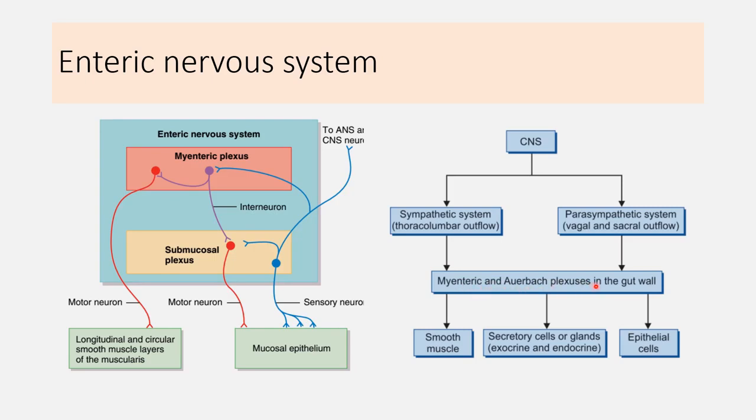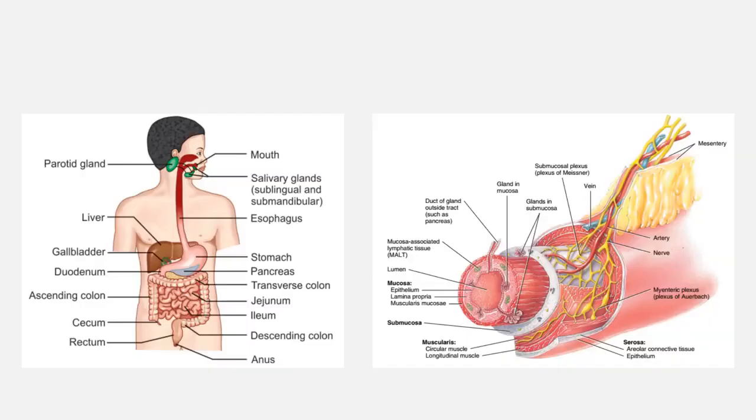Myenteric and Meissner plexuses are under control of the extrinsic innervation by the sympathetic and parasympathetic systems. So the enteric nervous system controls activity of the smooth muscles, secretory cells or glands in the GIT, and epithelial cells.